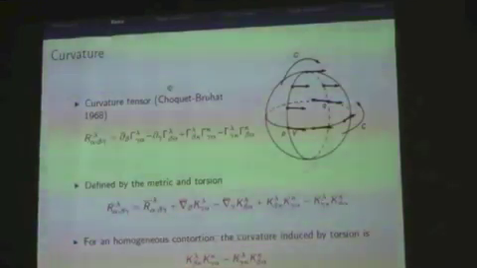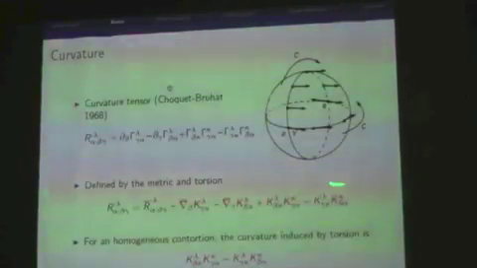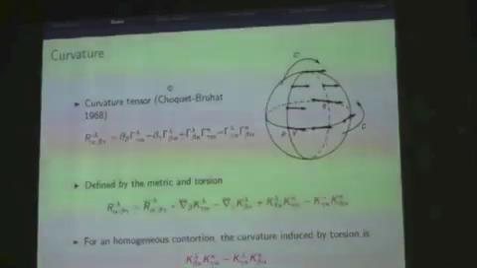So if I have a uniform contortion, I don't have this term, but only these two terms. That means that even in a flat medium with a uniform torsion, I can have a new curvature. Okay.